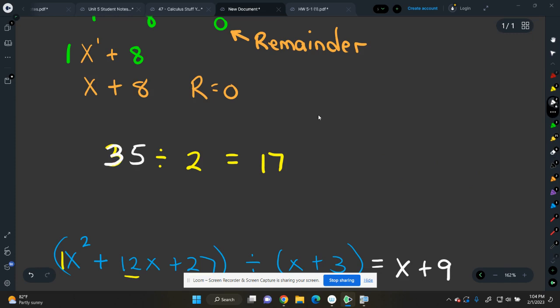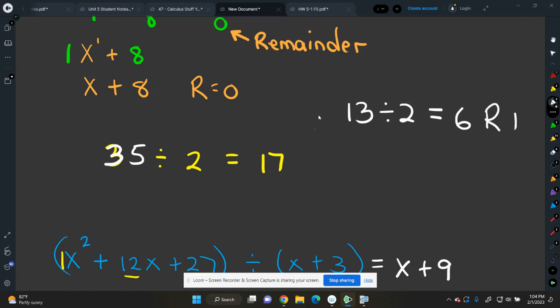How many times does 2 go into 35? Let me make it an easier one. Let's do 13 divided by 2. How many times does 2 go into 13? It goes 6 times with a remainder of 1, right?